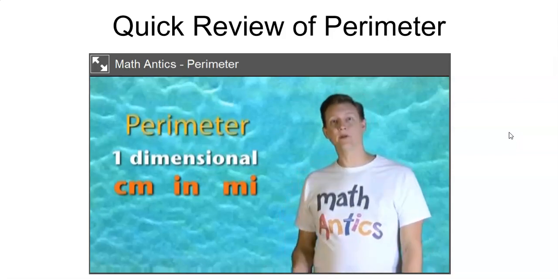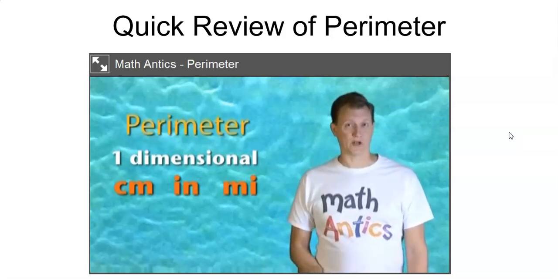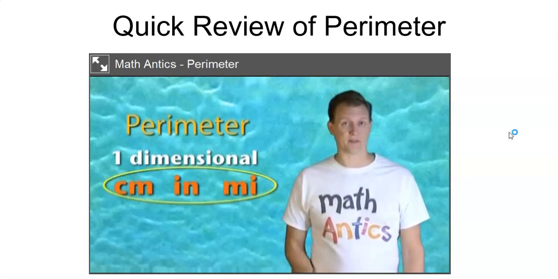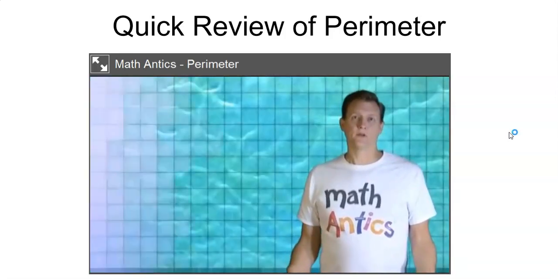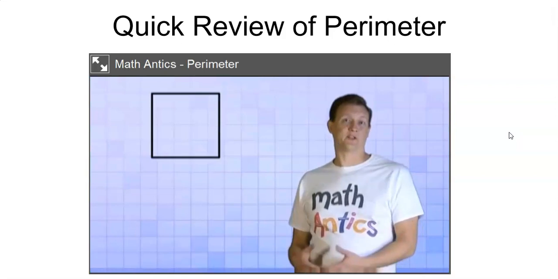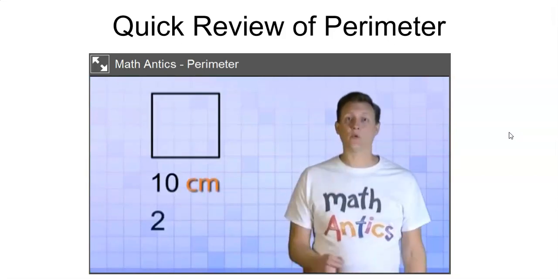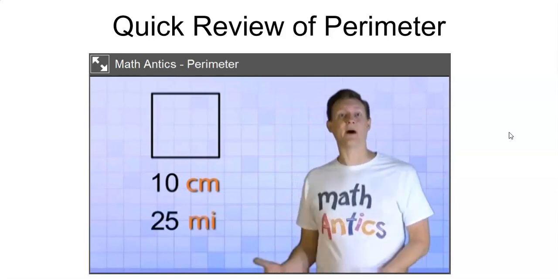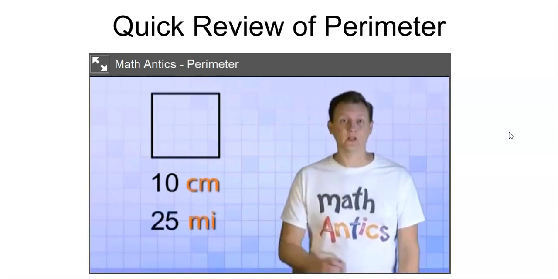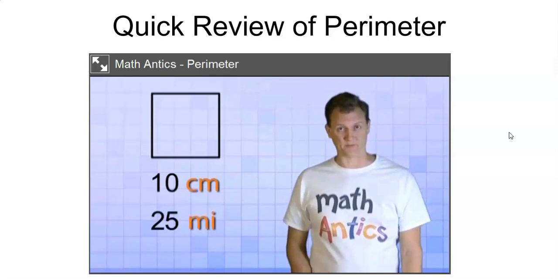That means that perimeter is also a one-dimensional quantity that we can measure with units of length. For example, the perimeter of a shape wouldn't be just 10, but it could be 10 centimeters. Or instead of being just 25, it could be 25 miles. The units are really important when you're talking about perimeter.